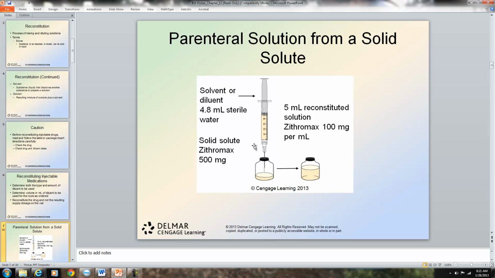So you withdraw the 4 8/10 and put it into the powder. And what you have is 5 milliliters of reconstituted solution of Zithromax, 100 milligrams per milliliter. So this is the strength per amount.